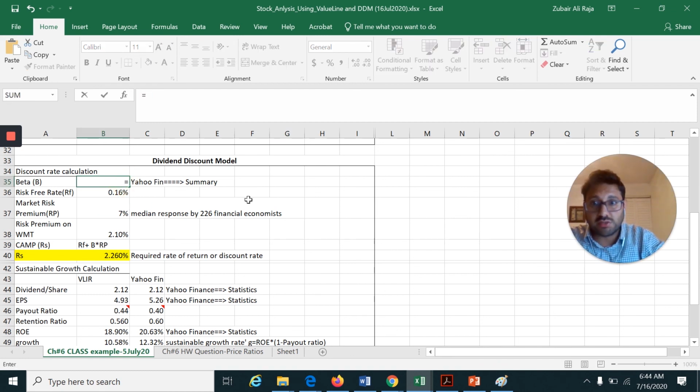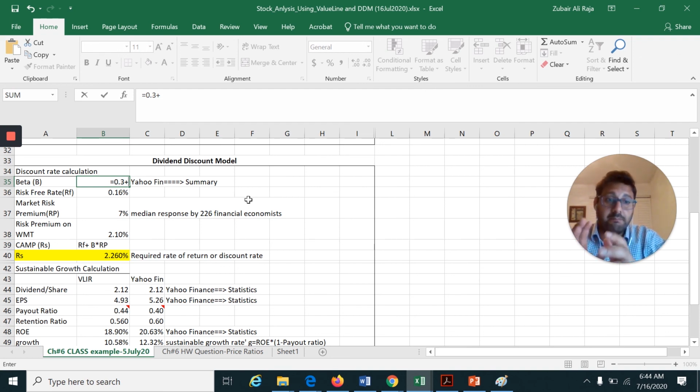I actually used in my calculation, if you remember, the average of both of them, because beta is very sensitive to what periodic returns we are taking, whether monthly returns or daily returns. Usually it is suggested that monthly returns for 5 years are enough, or weekly returns for 1 year, weekly returns for 3 years, or daily returns for 1 year should be used.